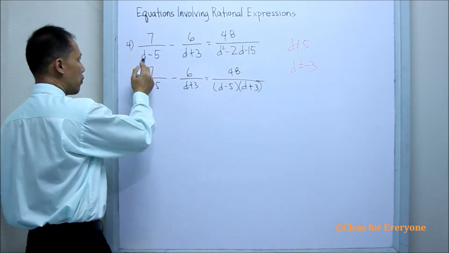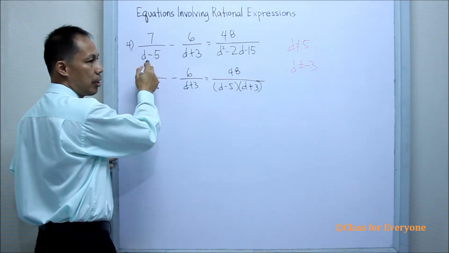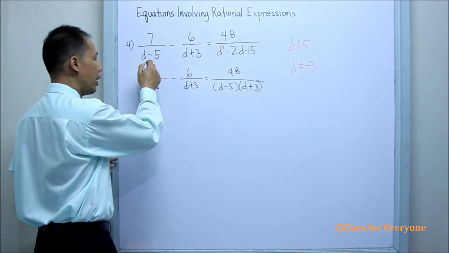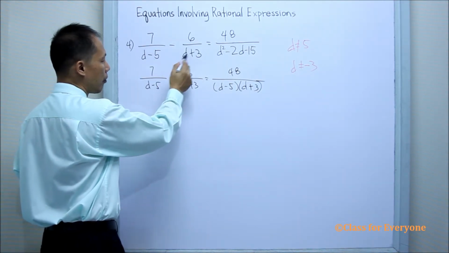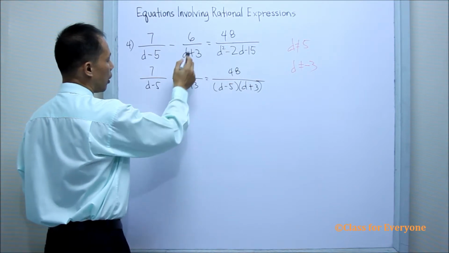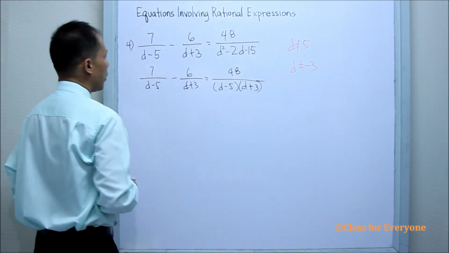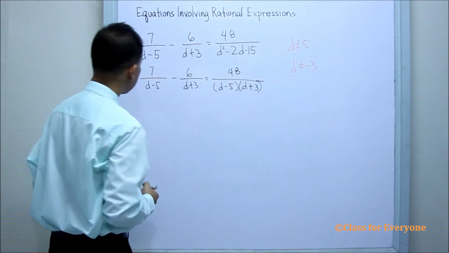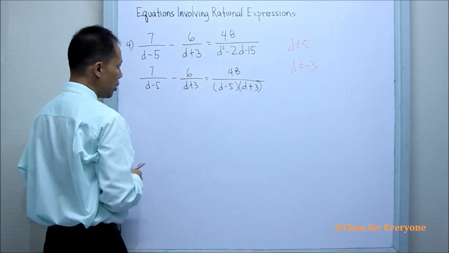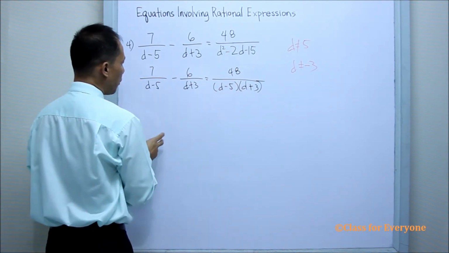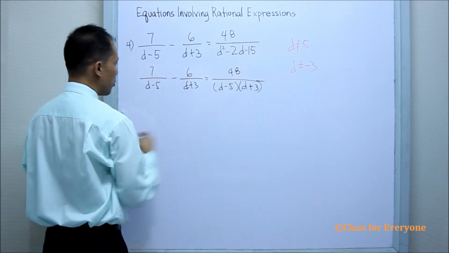Because if d is 5, the denominator will become 0 and become meaningless. If d is negative 3, the denominator will be 0 and this will be meaningless, as well as this one. So, our LCD is to be multiplied to each of the terms.